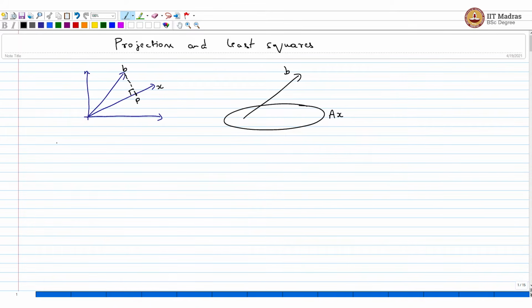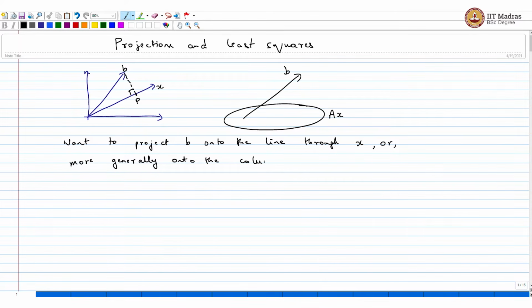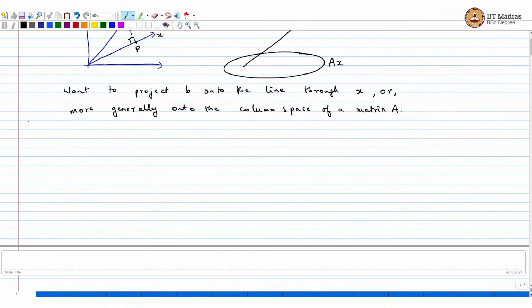So you want to project B onto the line through X, or more generally onto the column space of a matrix A.